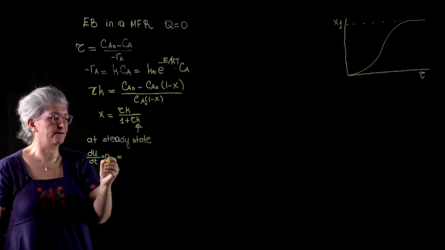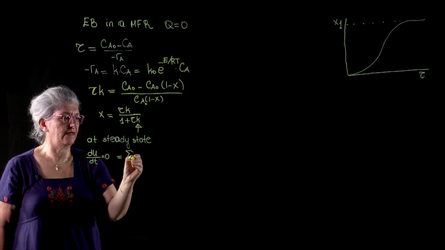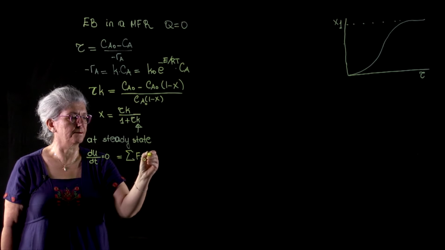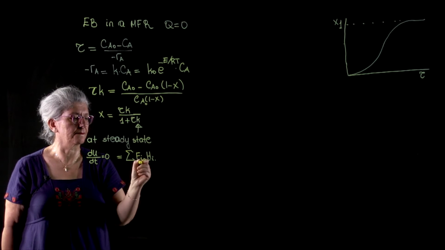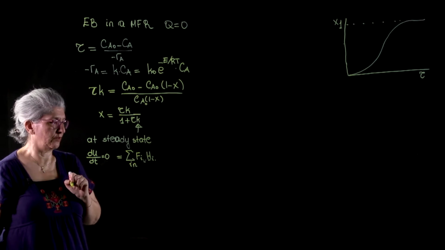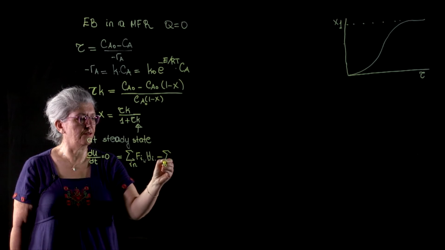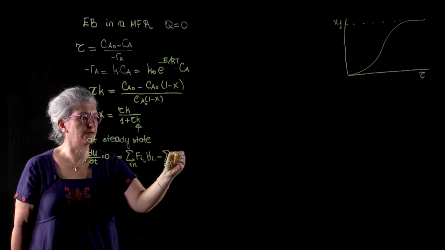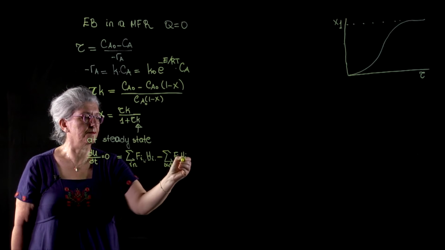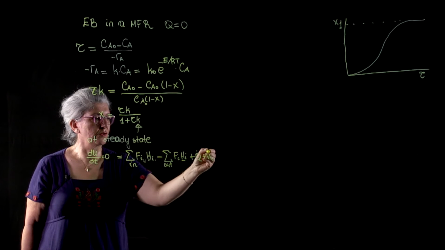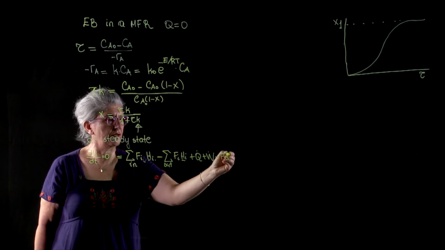You're going to have the net rate that energy flows in with the flowing streams, the net rate the energy flows out with the flowing streams, plus heat, plus shaft work, minus P dV over dt.